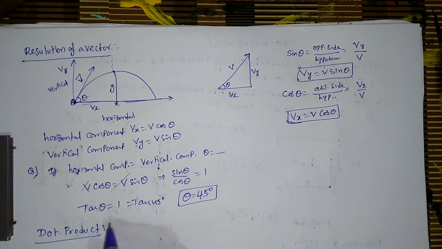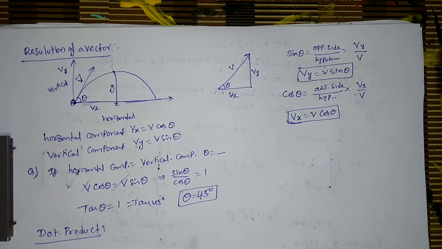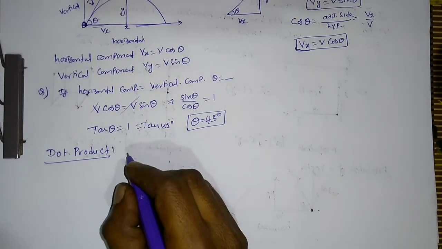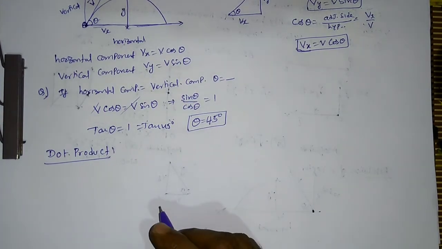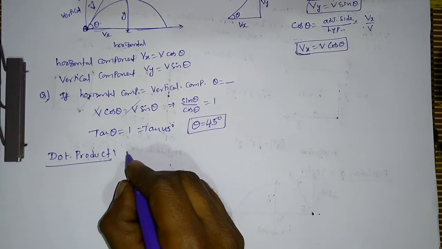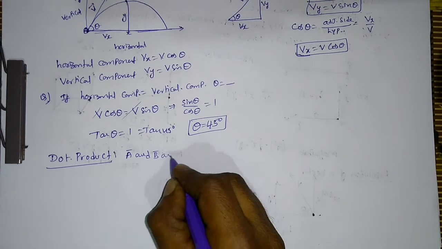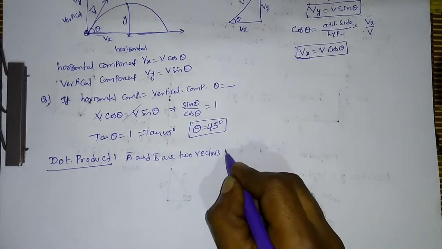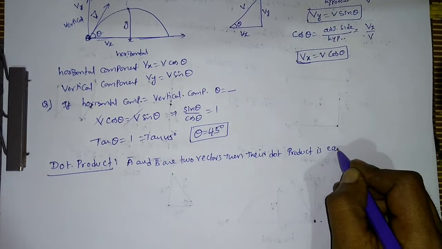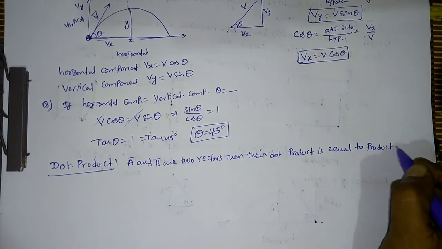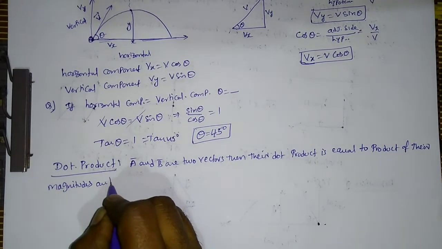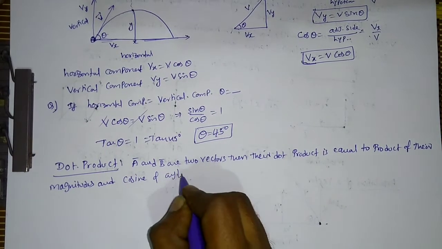Say if A bar and B bar are two vectors, then their dot product is equal to the product of their magnitudes and the cosine of the angle between them.